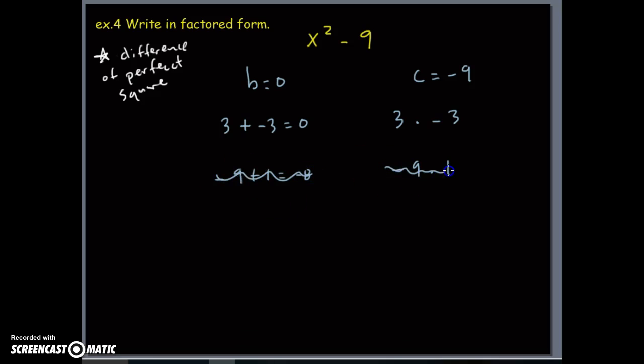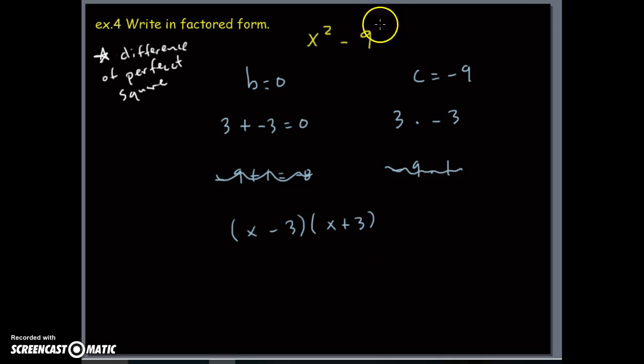So we know that the factors here are positive 3 and negative 3, and that's why we're calling this the difference of perfect squares. So they're almost the same number, but they're just different by sign. So the answer here is x minus 3 and x plus 3.